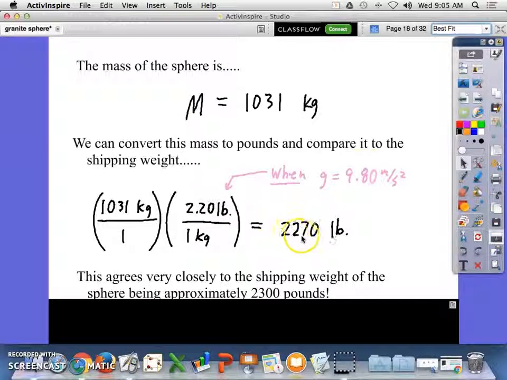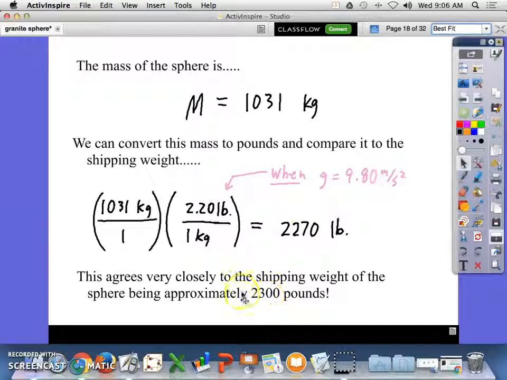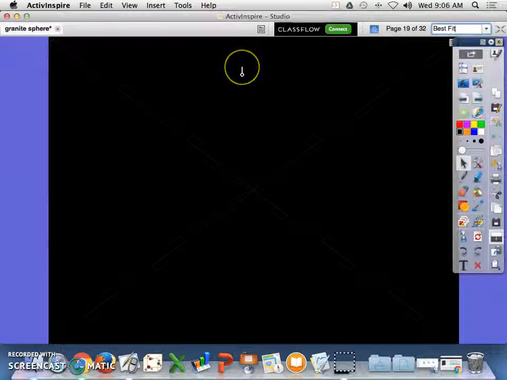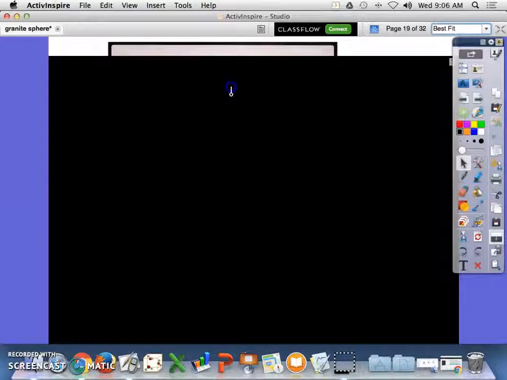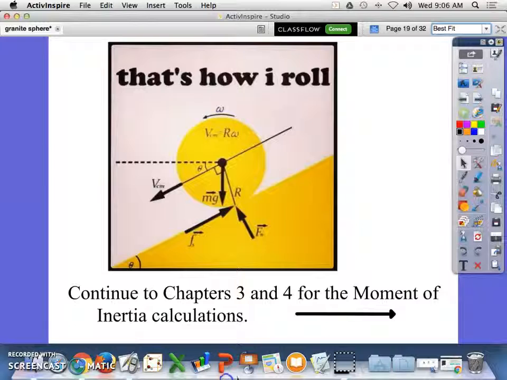Multiply that out, and it comes out to 2,270 pounds, which is 30 pounds away from the shipping weight, 2,300 pounds. So that's very close. It's a little over 1% error, I think. That sphere is on that rubber base, and they pump water up underneath of it. It's very low friction. If it's at rest, it takes very little force to get that twisting and moving, as heavy as that huge thing is.